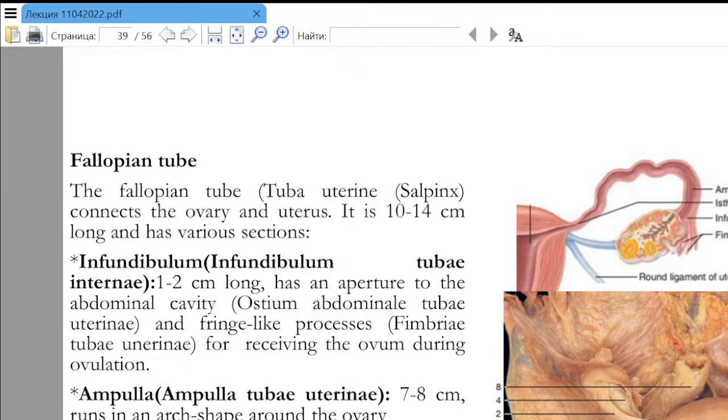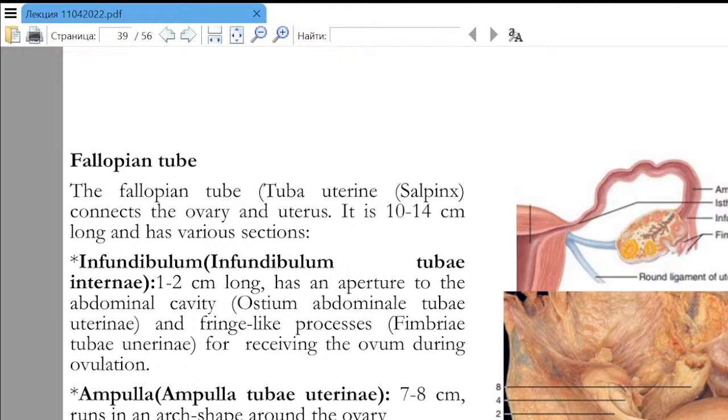What you see, this is the ovary, this is the fimbriae, this is the infundibulum, ampulla, and isthmus.